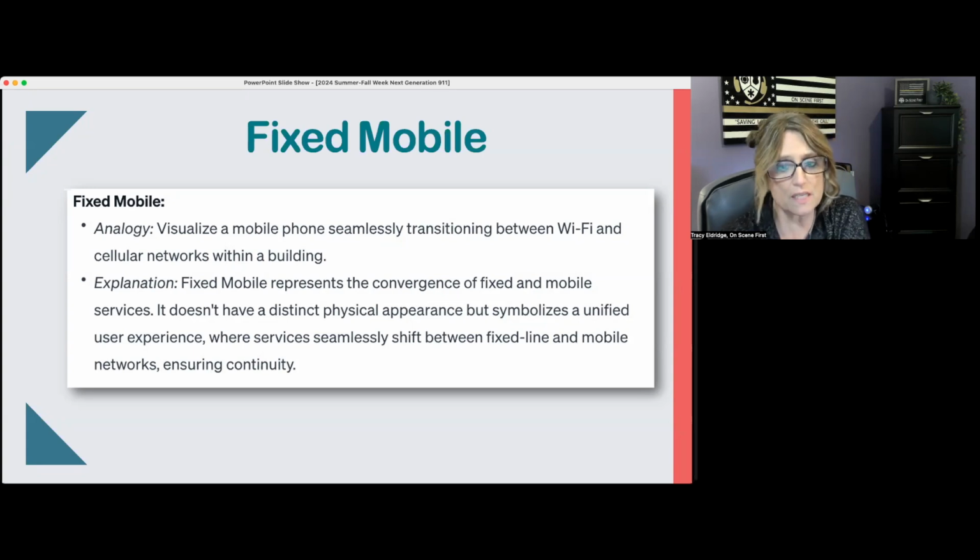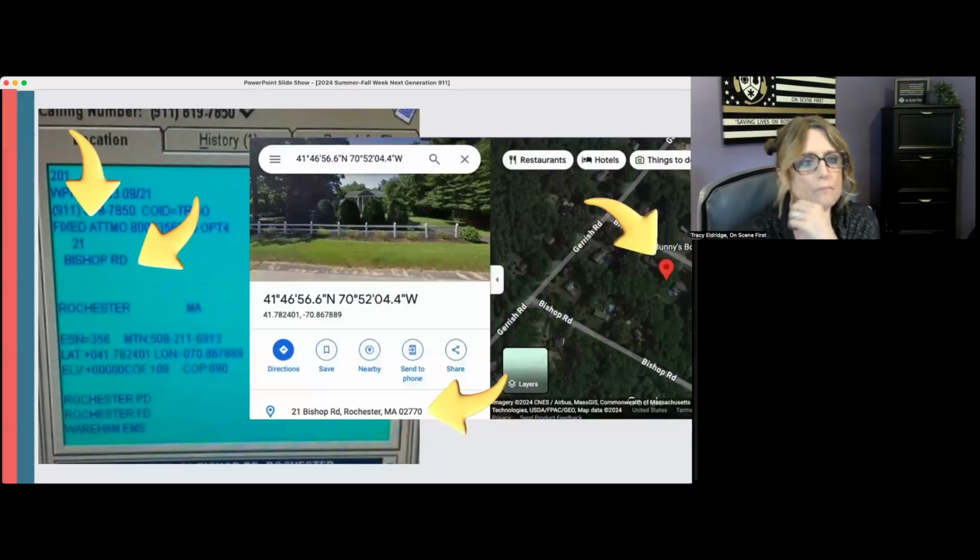The thing with these is one minute you can be on the network and then you can be on Wi-Fi, then on the network, then on Wi-Fi. And this is an example of that. Again, using a previous call that I use in my training classes for this point, there is something that should immediately tell me something is different, and it's the word fixed.